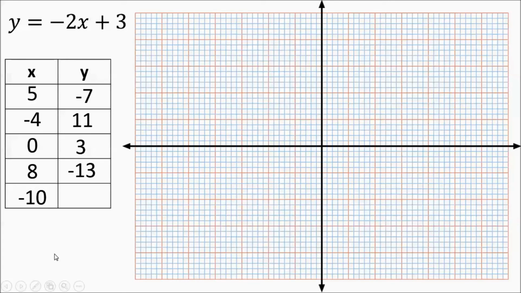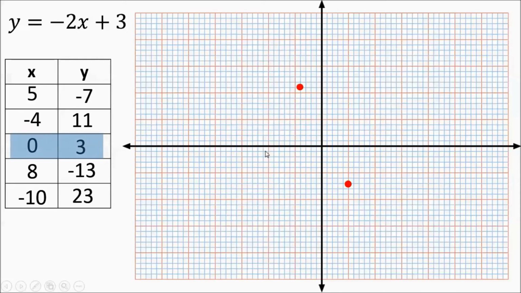Finally, we have the -10 we're going to put in. That becomes a +20, and then add 3. You get the 23. I'm going to start graphing points. Right 5, down 7, that's going to be in quadrant 4. Then we have left 4, up 11. 0, 3.